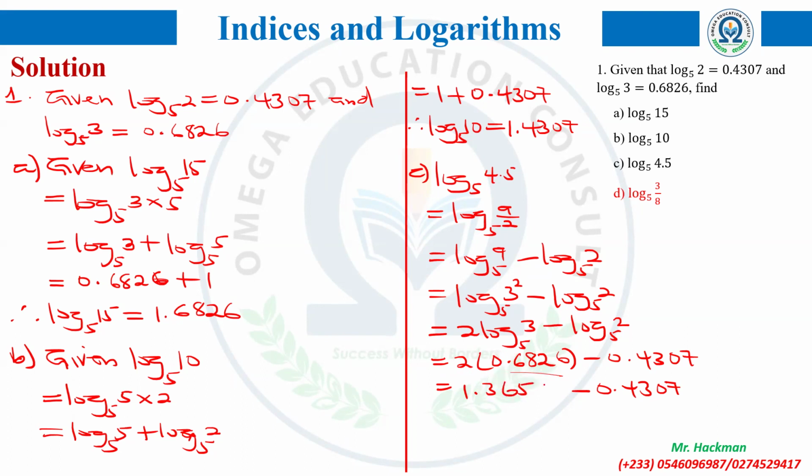Therefore, log to the base 5 of 4.5 will be equal to, do the subtraction, then give me the value. 0.9345. As simple as that.